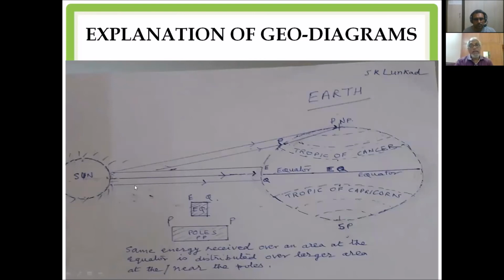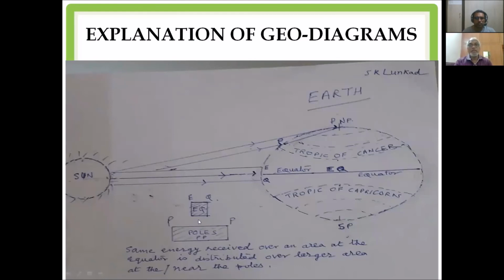To sum up once again, I come to the diagram: a bundle of the sun's rays is falling straight in this equatorial area, and the rays are falling oblique at the poles. The insolation received by a certain area, say 100 square kilometers, will be distributed over a much larger area at the poles. I have roughly shown it.